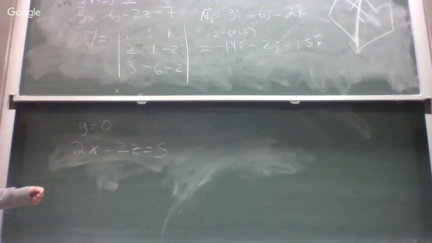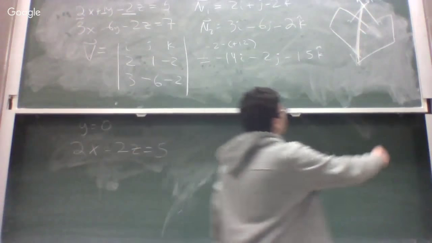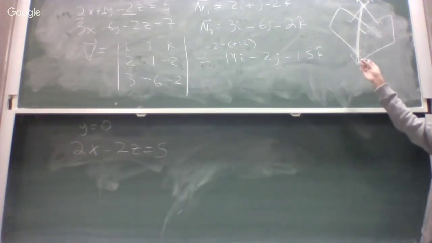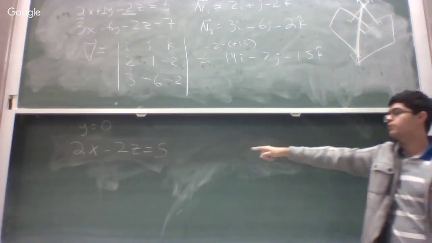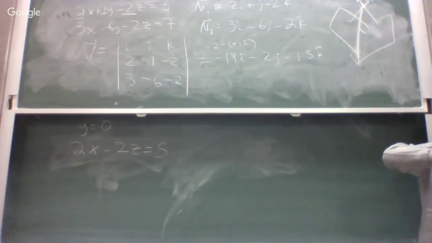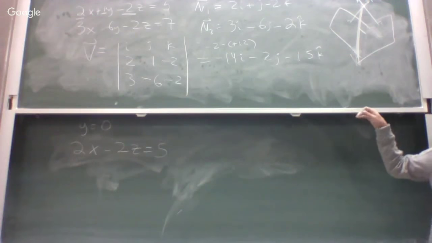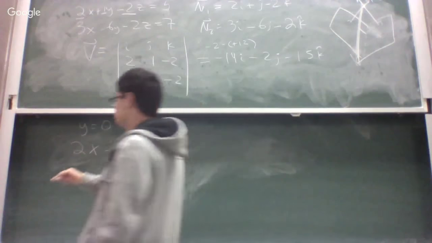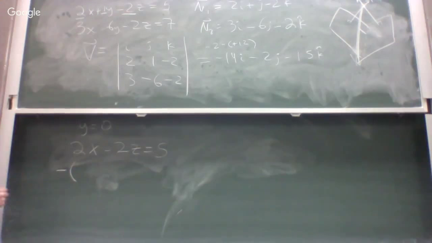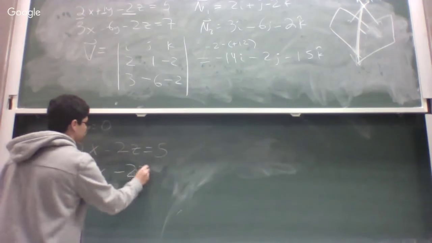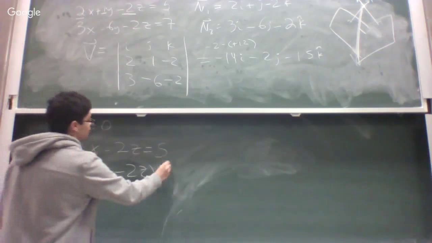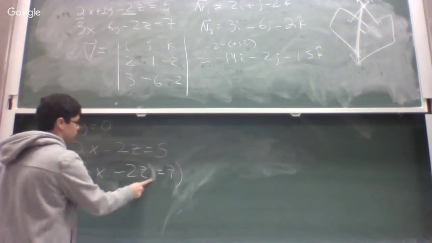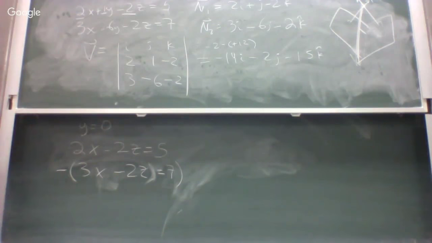This says that if we are at the point where y is equal to 0, that would be the equation of the plane. And the other equation would be 3x minus 2z equal to 7. So we're subtracting them in order to simplify and find x and z.